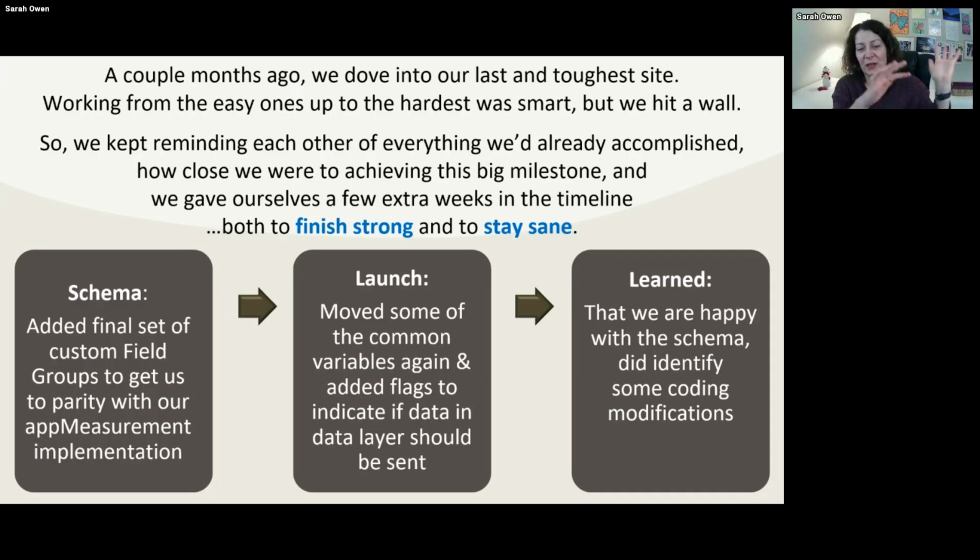We thought we had it, but we really needed to rethink what we were doing. But at the end of it, we are happy with our schema. I'm not going to say that we deleted our data set and changed the schema. We did not. We've kept our data set. The schema is good. We have identified some coding modifications we want to make, but right now we feel really good with our schema.